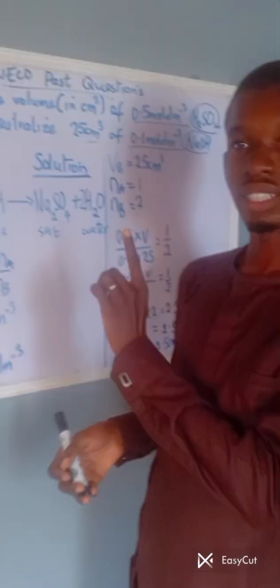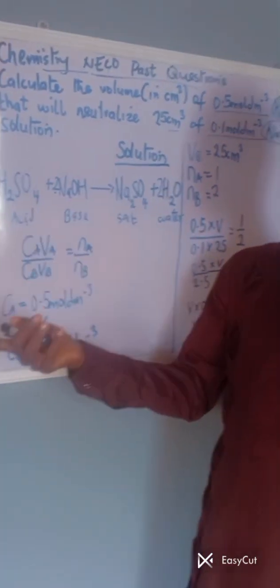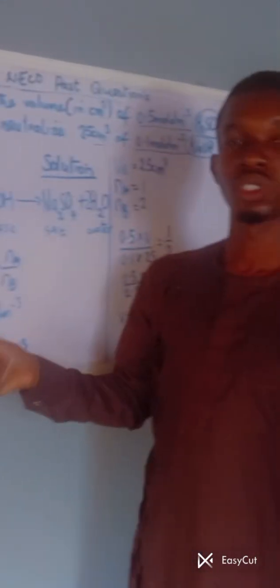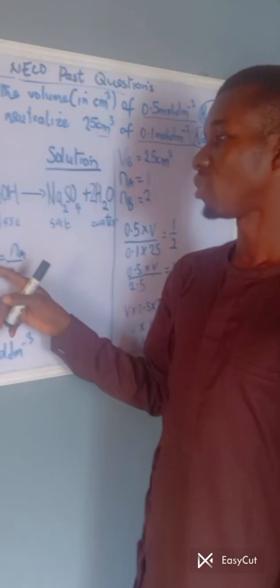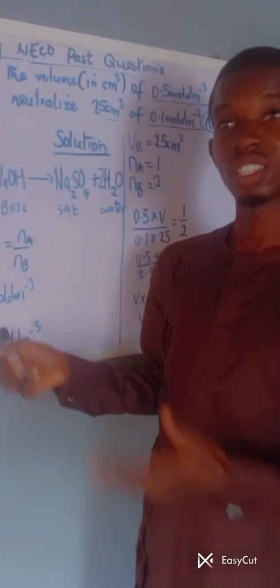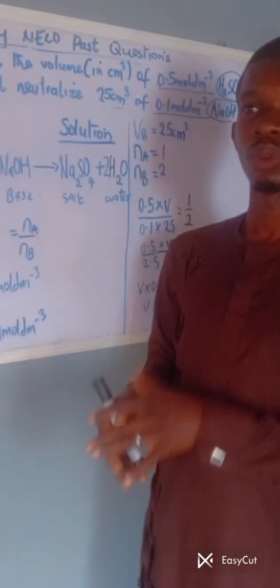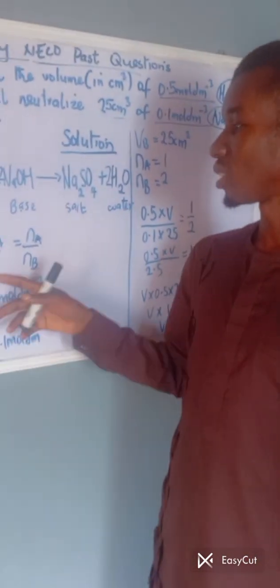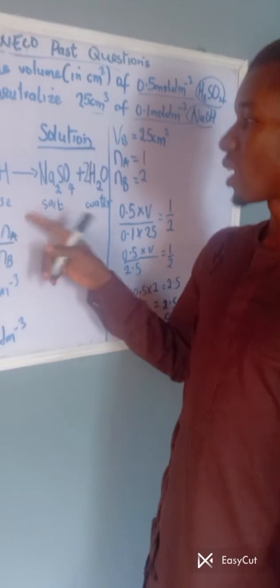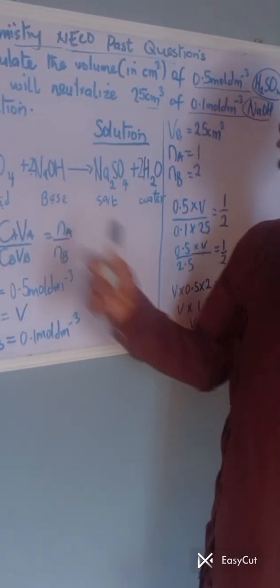Don't forget each term of the formula. Ca, concentration of the acid in mole per dm³, or molar concentration of acid is another way we call it. Va, volume of the acid, usually in cm³ or dm³. Cb, concentration of the base in mole per dm³ or molar concentration of the base. Vb, volume of the base. Na, Nb, number of moles, we get them from our balanced equation.